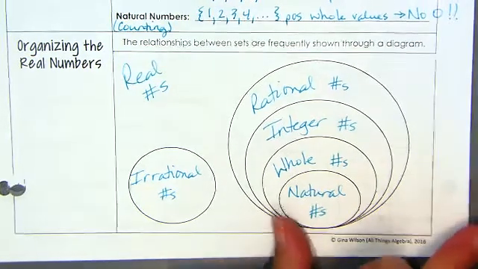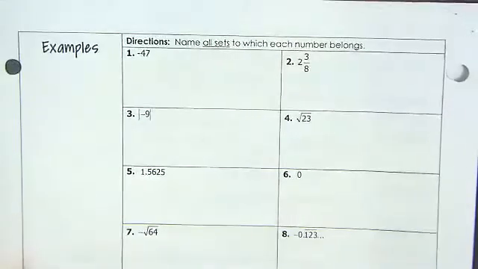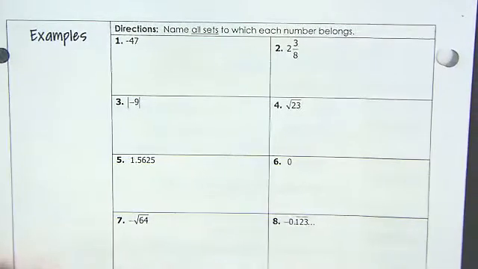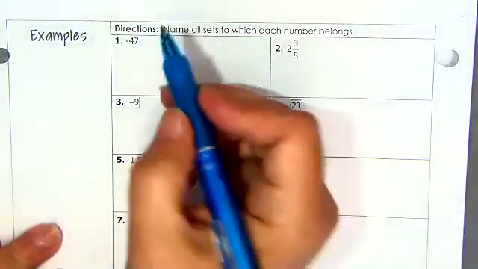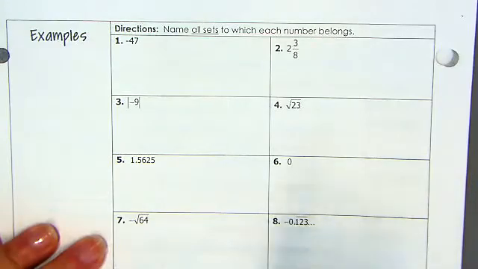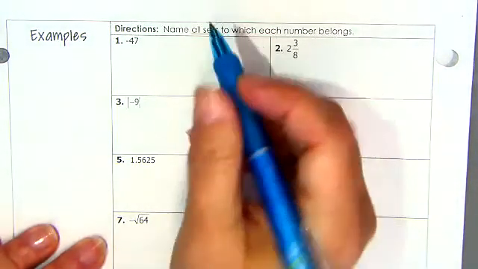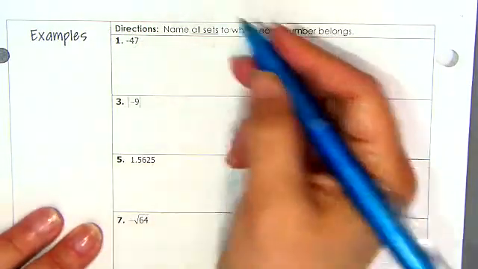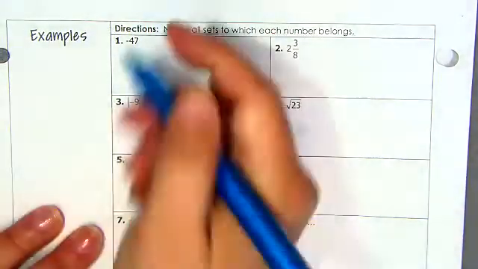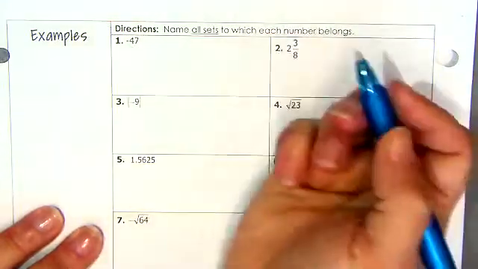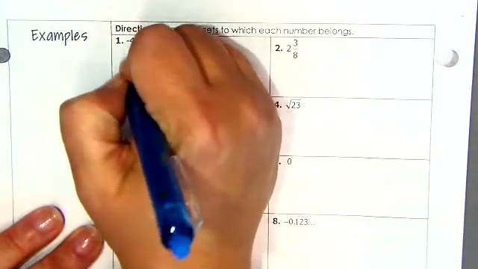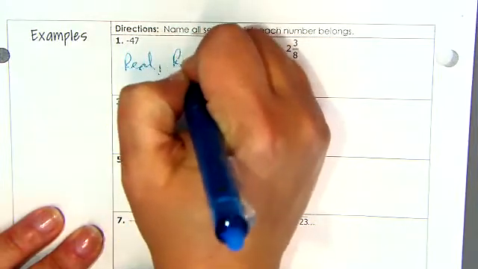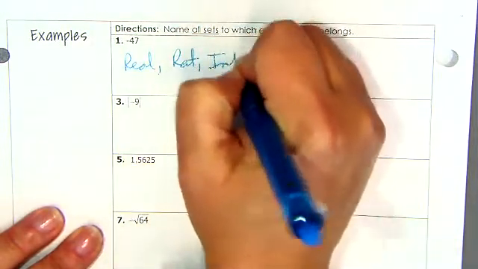Now let's work through a couple of problems. We're going to name all sets to which each number belongs. Look at the number negative 47. If I need to, I'll look at my Venn diagram or my notes. Negative 47 is a negative whole value, so this is going to be real, rational, integer.